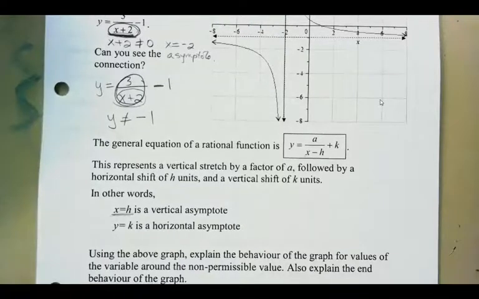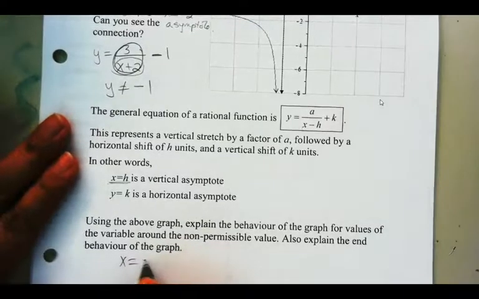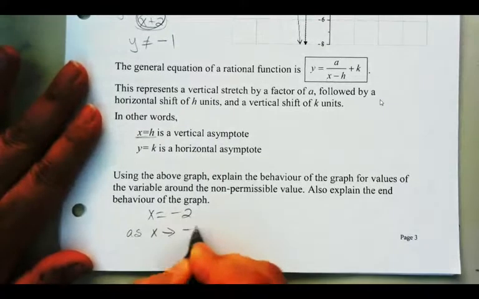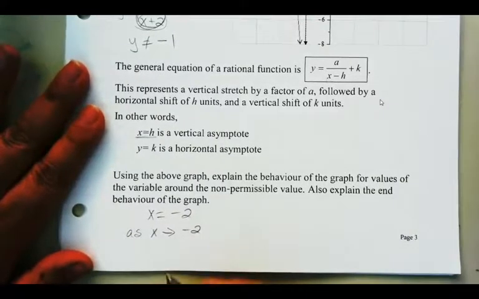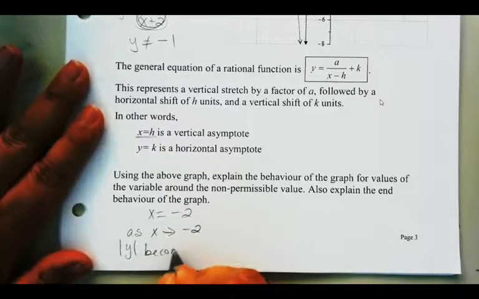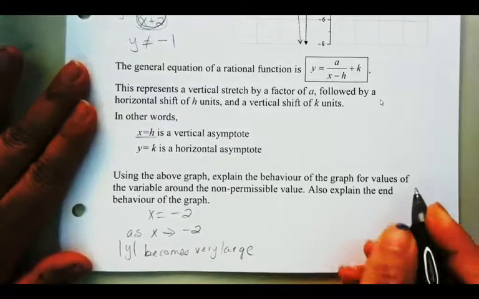Okay, so using the above graph, explain the behavior of the graph for values of the variable around the non-permissible value. Also explain the end behavior of the graph. So what can you tell me about when x equals -2? As x approaches -2, the absolute value of y becomes very large.